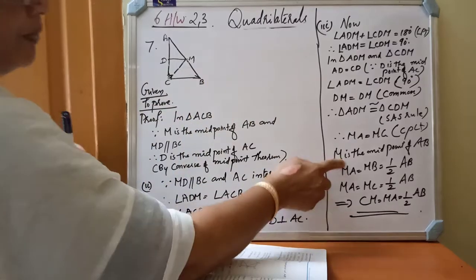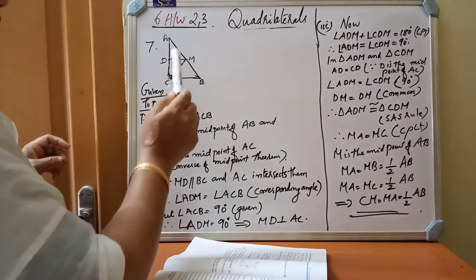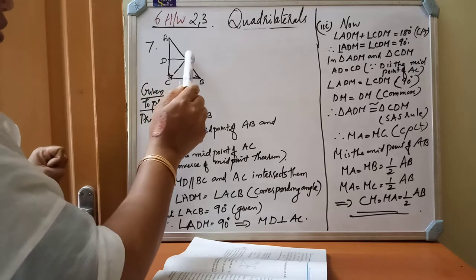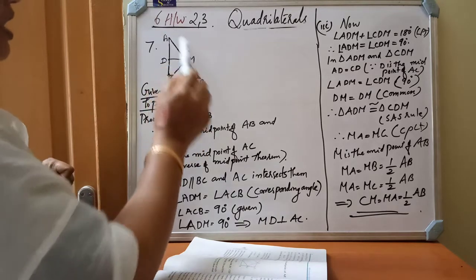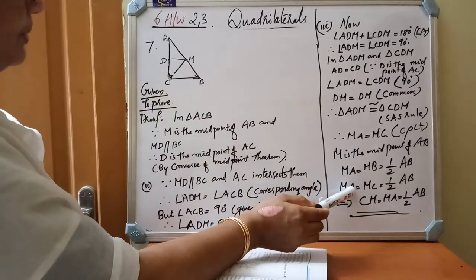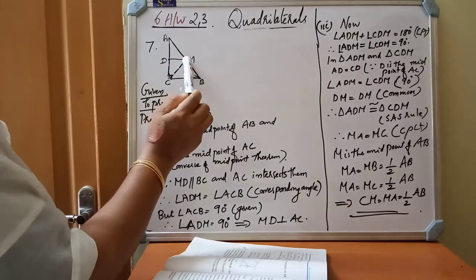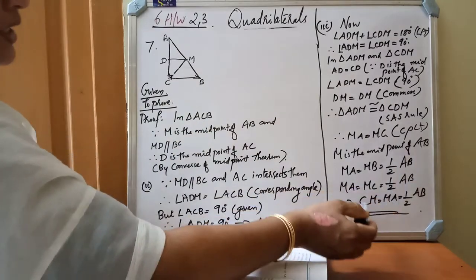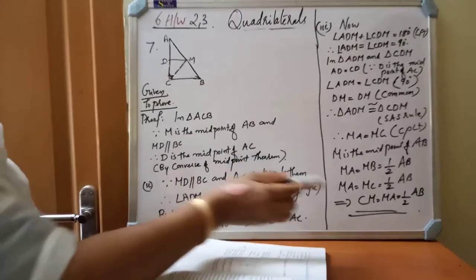Clubbing these two equations, MA equal to MB equal to CM equal to half AB, because MA is the same as half AB, and MA is equal to CM. So MA equal to MC is equal to half AB, that is CM equal to MA equal to half AB. Hence the proof.